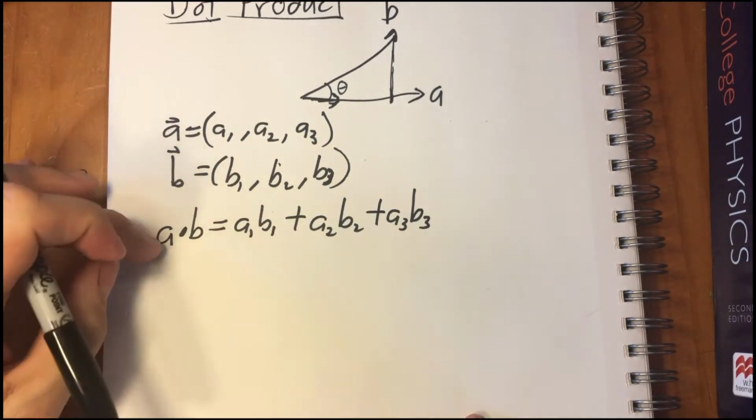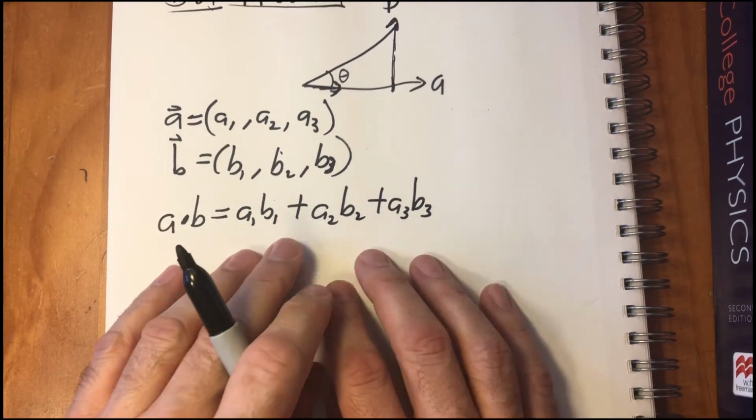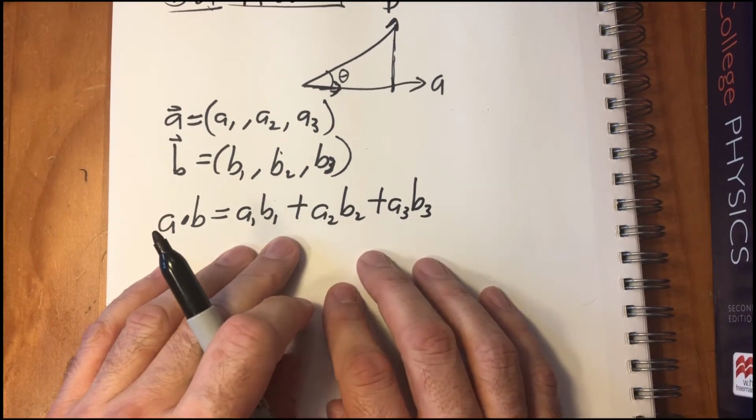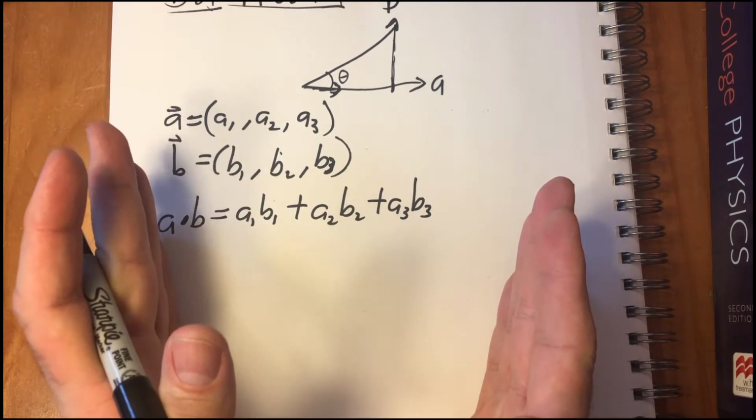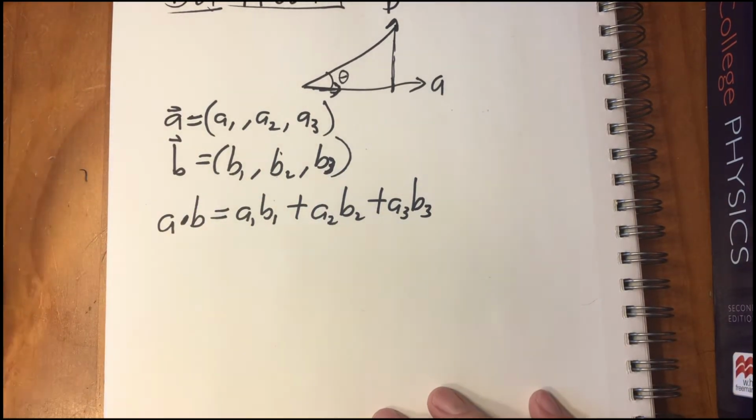And that really is what the dot product is. I think the way to think about it is we're talking about how to multiply two vectors together. There's a few ways we can do it.